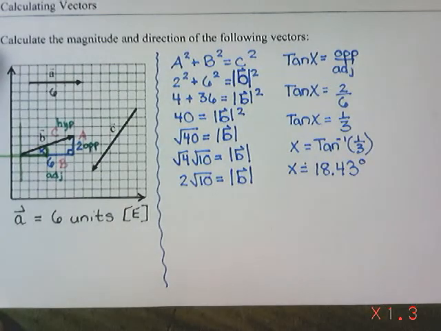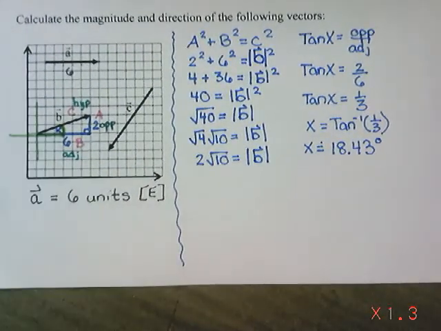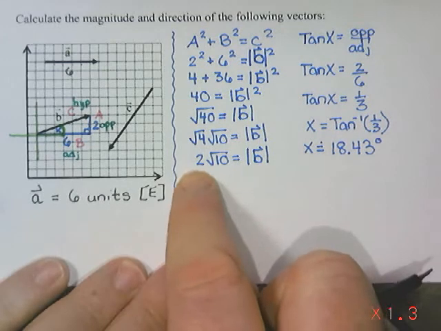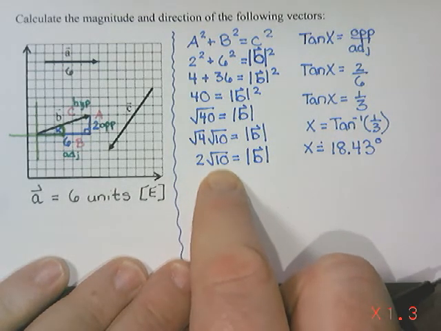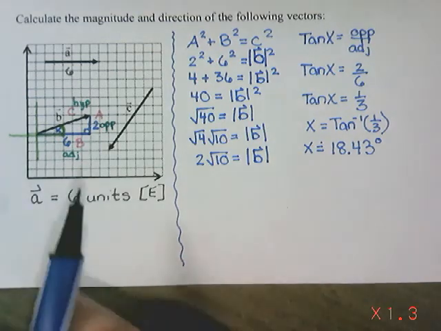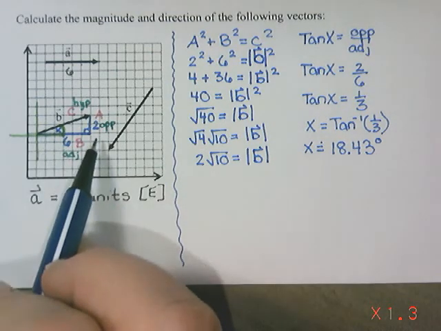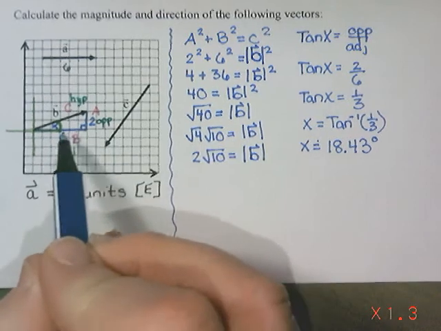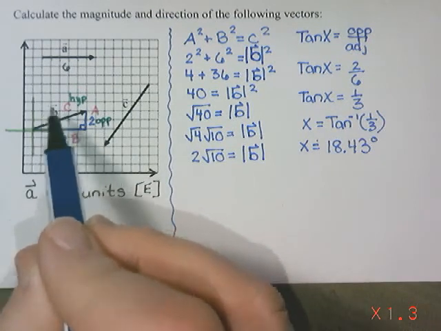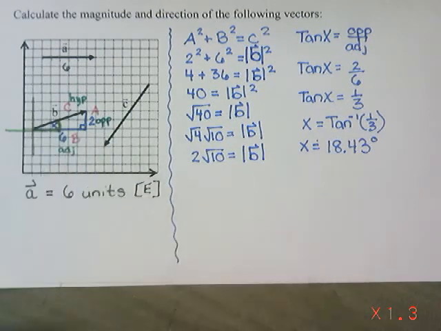Okay, so based on the way this vector is drawn, its magnitude is 2√10, and its angle at 18.43 degrees is measured from east. So I could say east and then 18.43 degrees north.